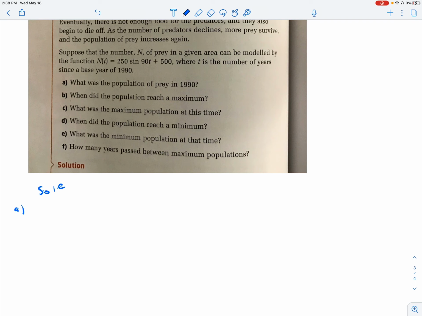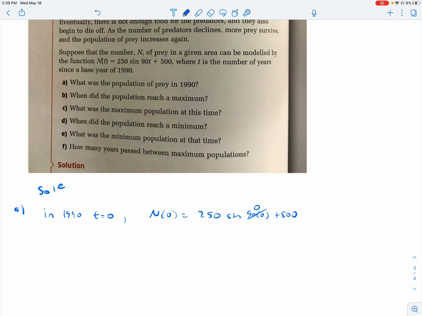So in 1990, t equals 0. So what this means is n of 0, we can plug in t equals 0 for time. Sine of 0, so think of the unit circle at 0 degrees, the y value is 0.